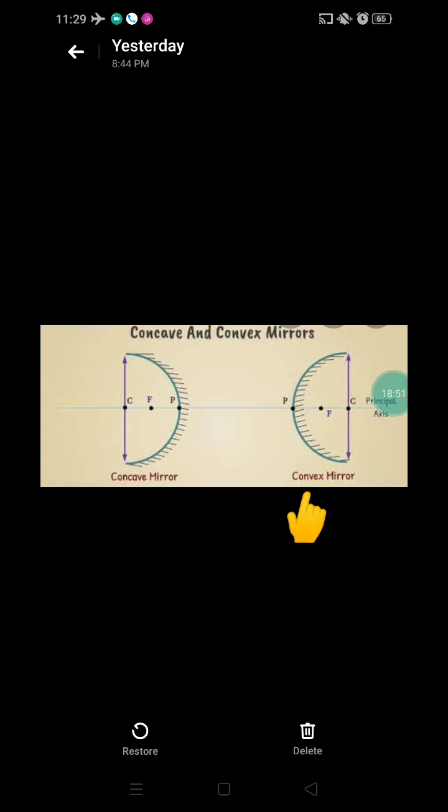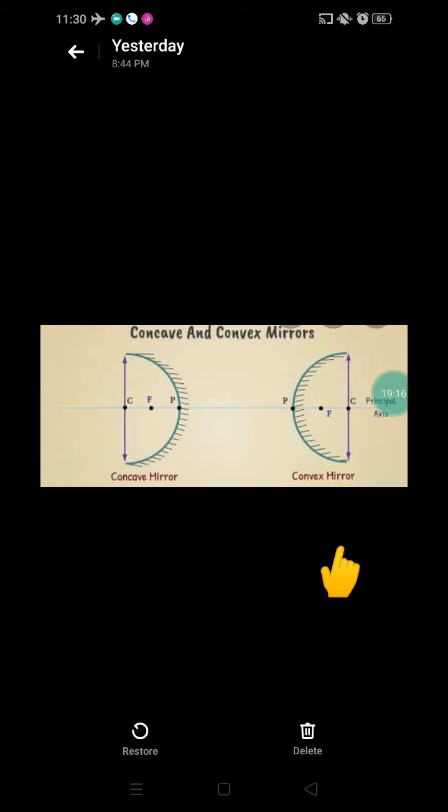In this case, this is your reflecting surface, and it is curved outwards. Such type of mirrors is usually named convex mirrors. Students, once again, if the reflecting surface is curved inwards, it is called a concave mirror, and if the reflecting surface is curved outwards, it is called a convex mirror.